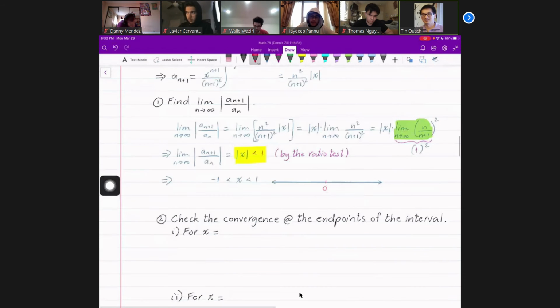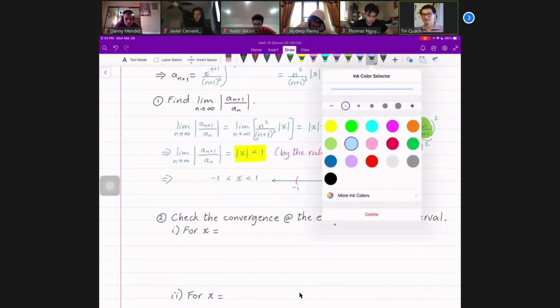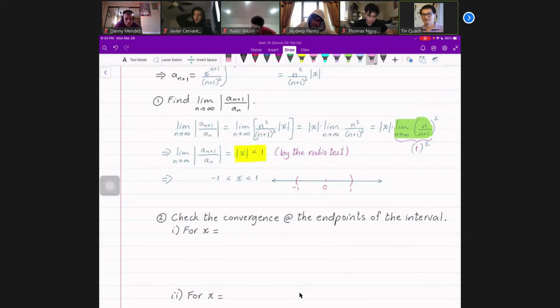And then you have 1 and -1. So here's -1 and here's 1. So you know that at least the series converges when x is everything in between -1 and 1.